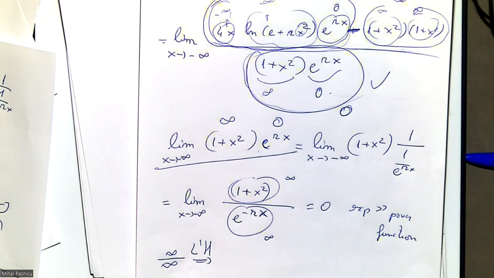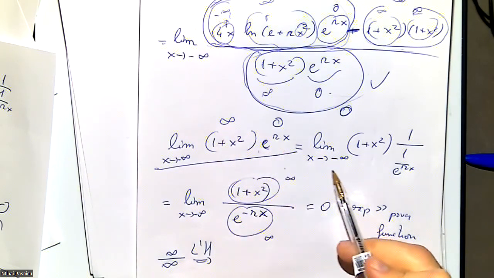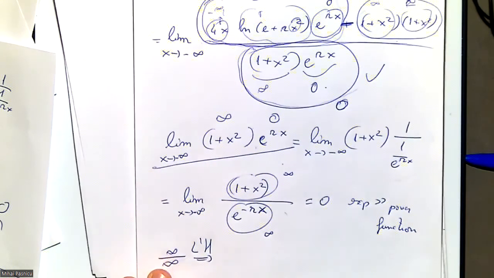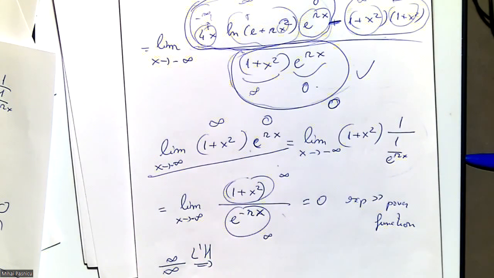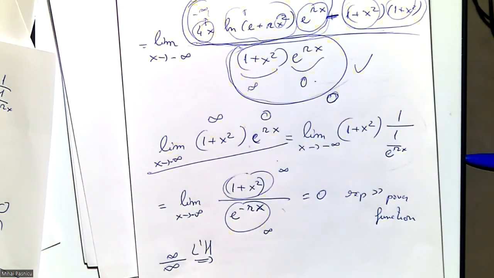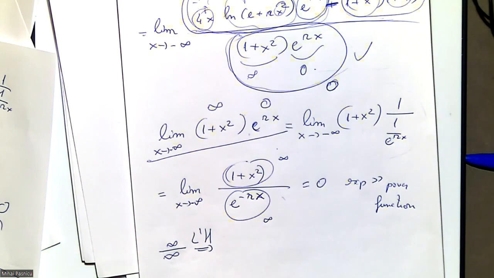Evaluate, create my fraction. Everything is repetitive. So I evaluate this. It's infinity over 0. I know this is an undetermined case. I create my fraction. I get to this fraction, which is an infinity over infinity case. And I can apply L'Hopital. If you apply L'Hopital to this, you're going to get 0 in no time. And if you don't remember that exponential is greater than power function, apply L'Hopital, it's going to work out in seconds.